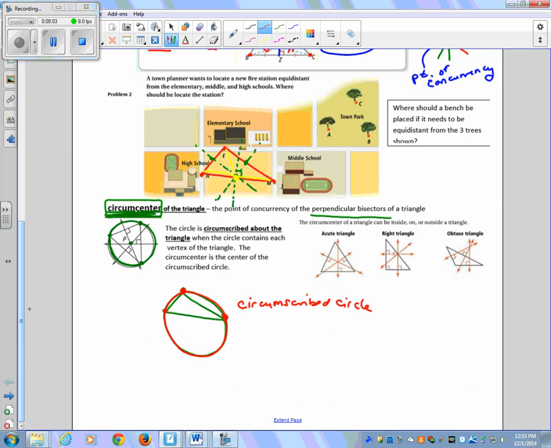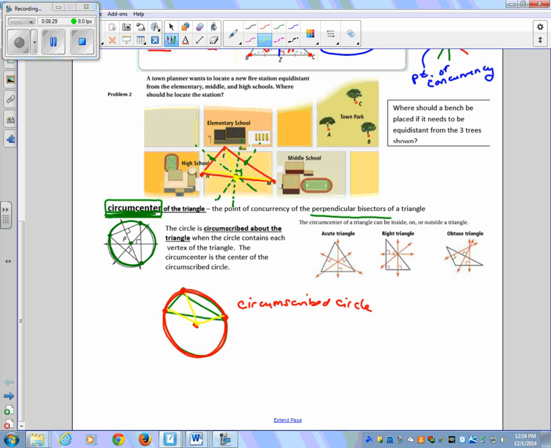Well, it happens to be that the center of that circle that is circumscribed around the triangle is also the circumcenter of the triangle, meaning it is the point where the 3 perpendicular bisectors intersect.